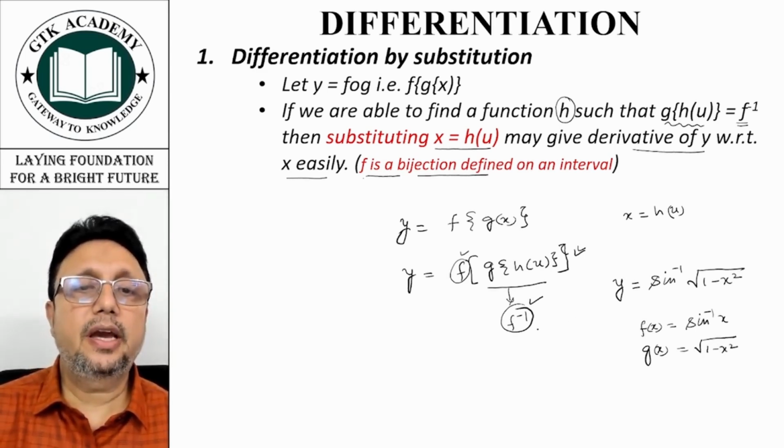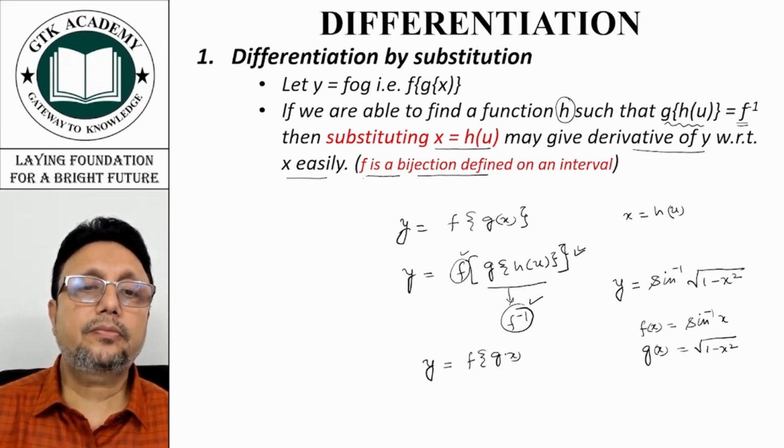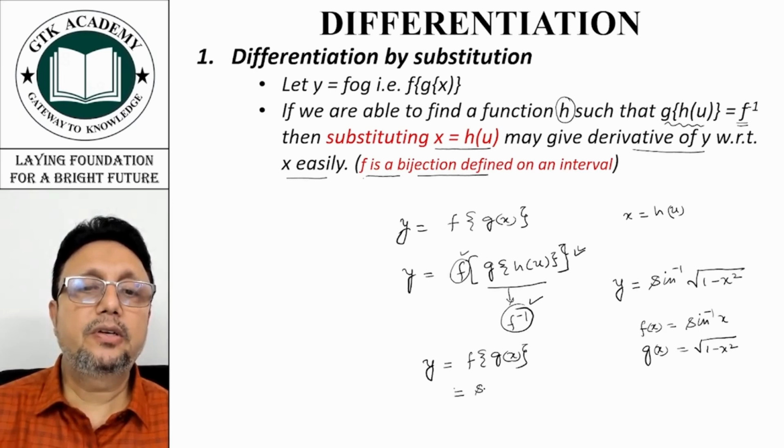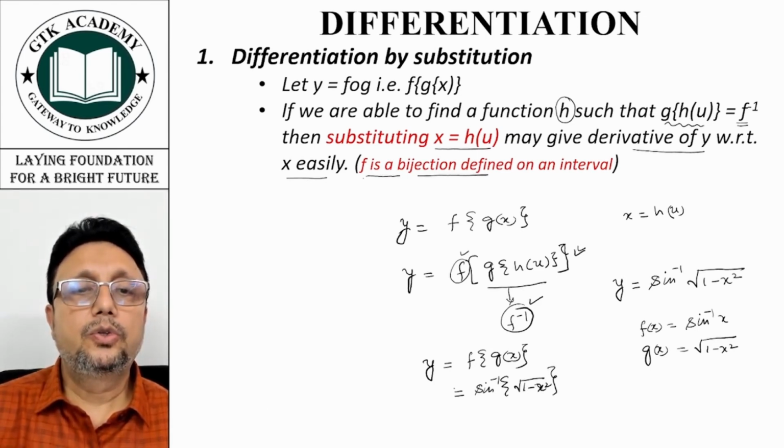So this function can be written as y = f(g(x)), because f is sine inverse and g is √(1 − x²). So this is a composite function.